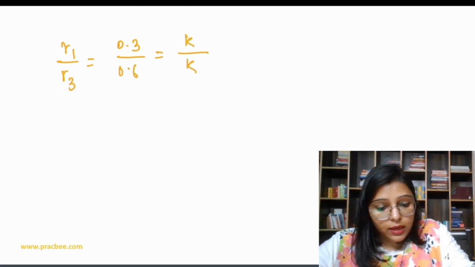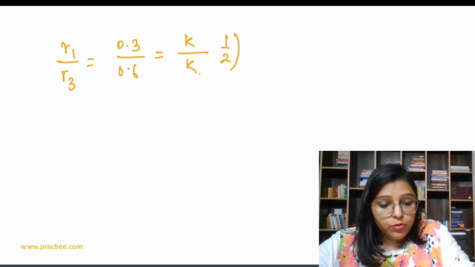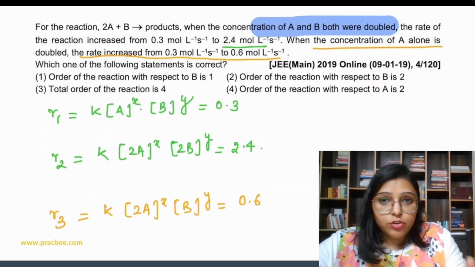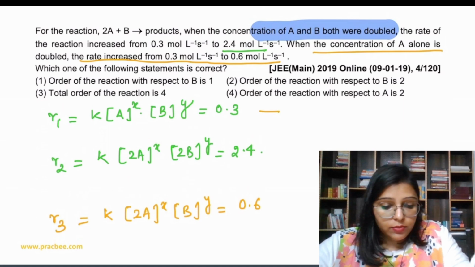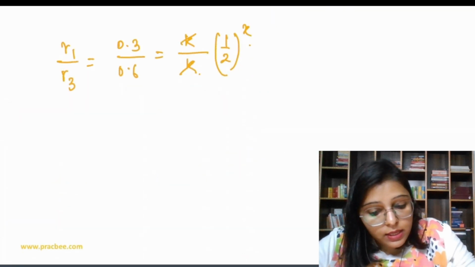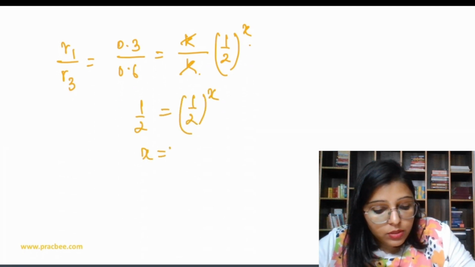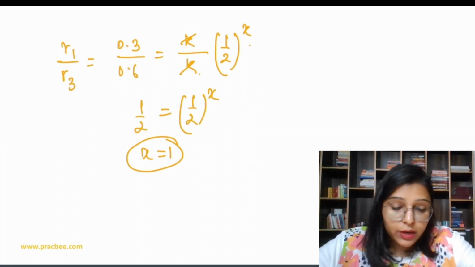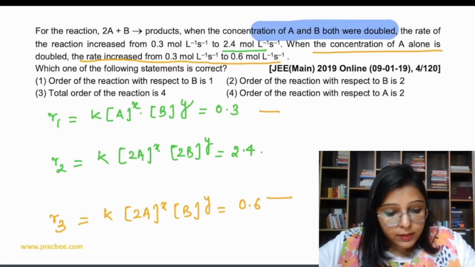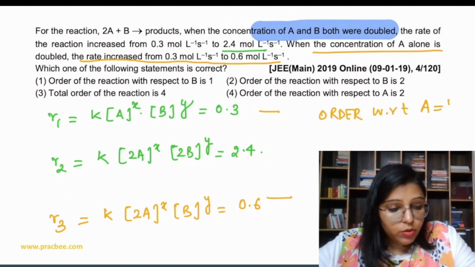So k. Concentration of A is doubled, so we can say (1/2) to the power x, and concentration of B is the same in 1 and 3. Okay, so we can say that 1/2 is equal to (1/2)^x, so x's value is going to be 1. So order with respect to A is equal to 1.